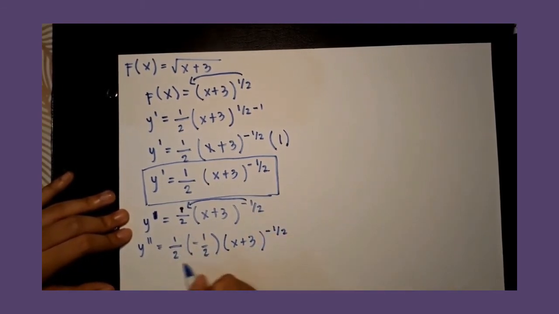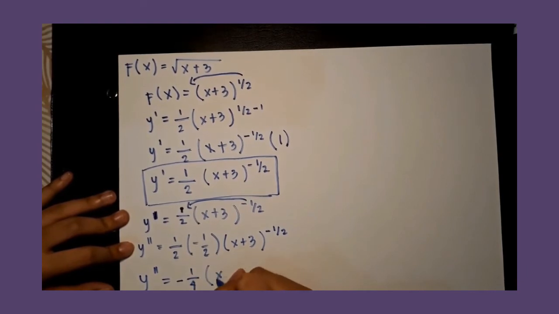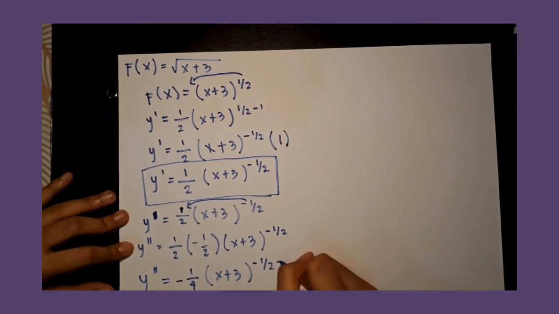And then let's subtract again 1 from our exponent. So we will have 1/2 times negative 1/2 is equal to negative 1/4 times x plus 3 to the power of negative 1/2 minus 1.